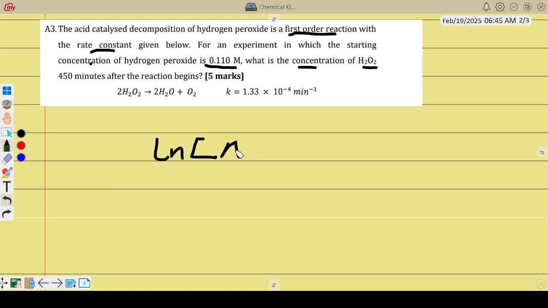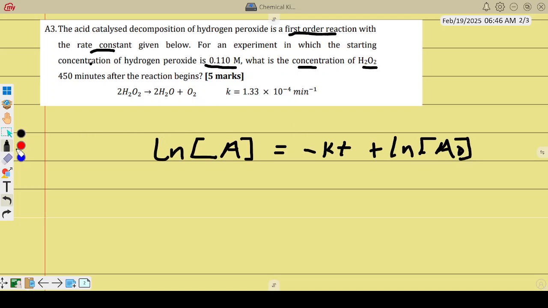So the concentration of A at a particular time is equal to negative kt plus ln A, this is the concentration initial.